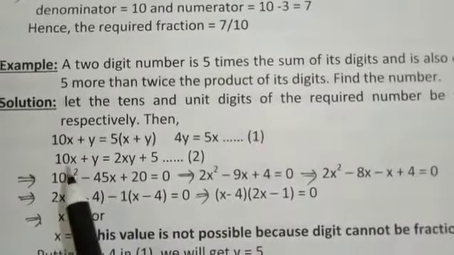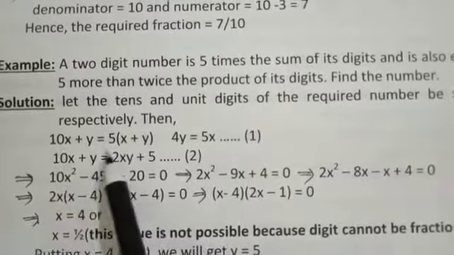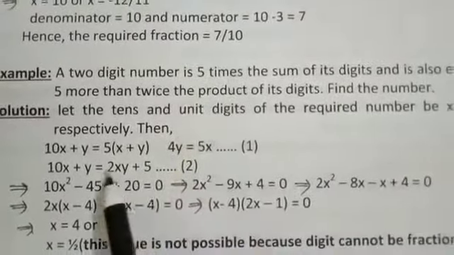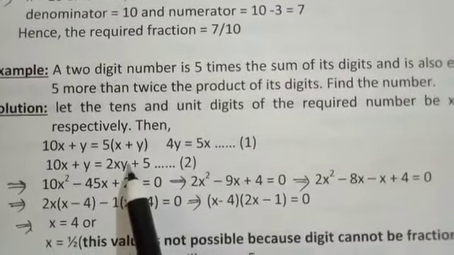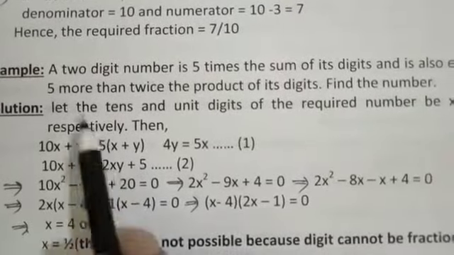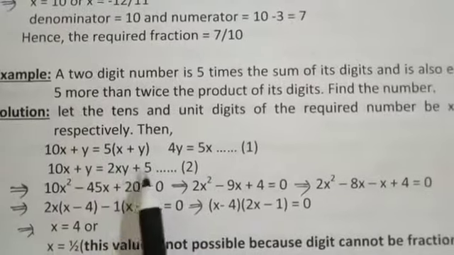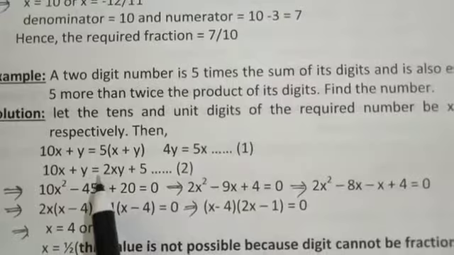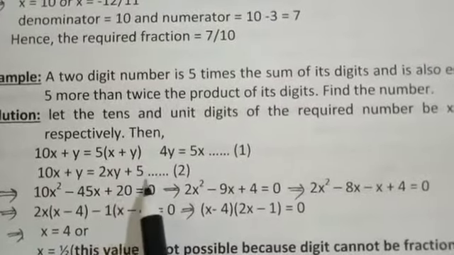This is the two-digit number. As the question says, twice the product of digits is 2xy, and 5 more, that is plus 5. So the second equation will be 10x plus y equal to 2xy plus 5.